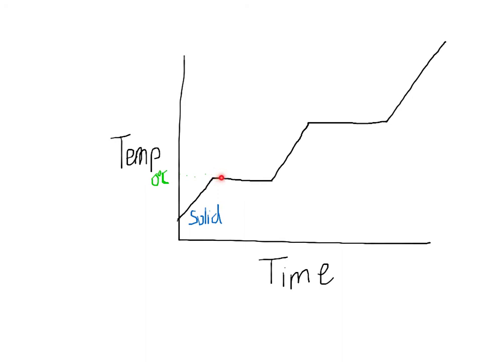It's going to be supplied in order to break those intermolecular forces. So they're no longer vibrating more. The energy is being supplied to break the intermolecular forces, so the temperature doesn't change. And once all the intermolecular forces are broken, the solid is able to form into a liquid. So here we have the liquid.